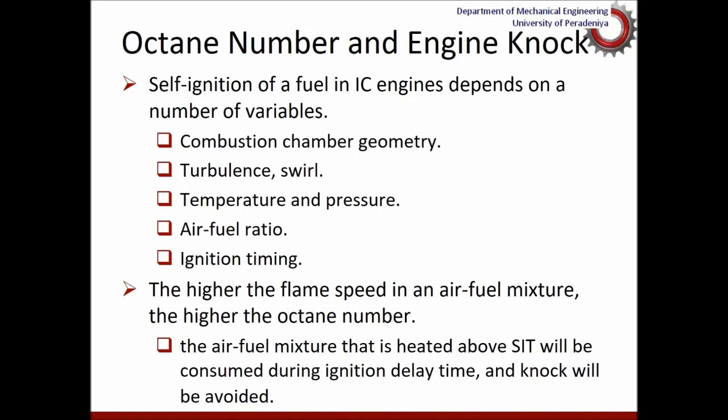So before the gases auto ignite, before heat transfer takes place from the walls to the gases, if the flame goes and burns everything, then the job is done. So the higher the flame speed, the lesser the tendency for knocking. Therefore, fuels with high octane number would have high flame speeds.